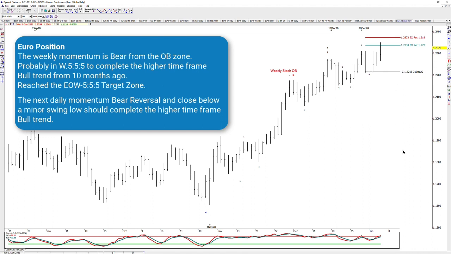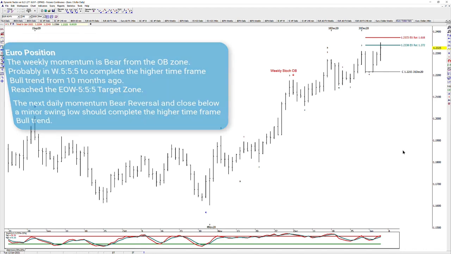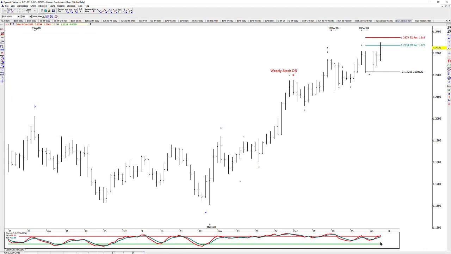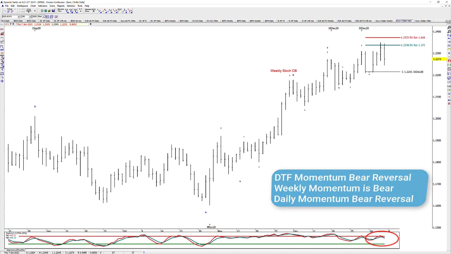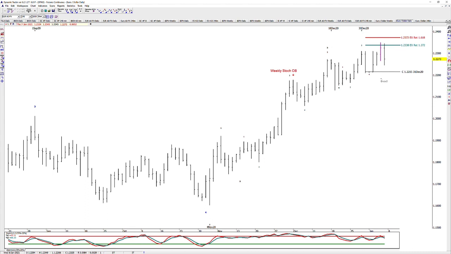And that's based on the pattern position, the price position, the higher time frame weekly momentum bear reversal position. So we're looking for the next daily momentum bear reversal to probably, there it is, signal that the higher time frame trend is complete. So as of this point in time, your trade strategy can be one of two things.